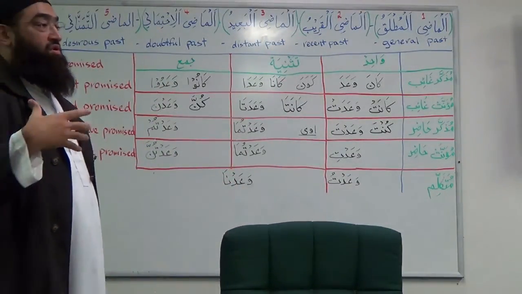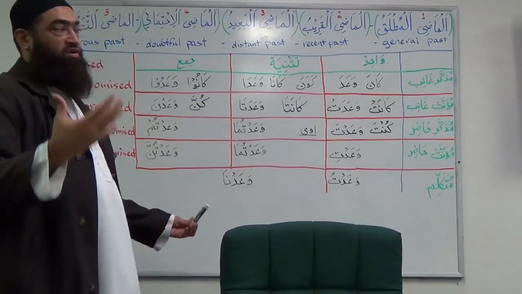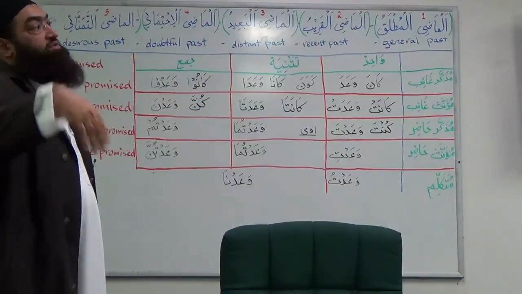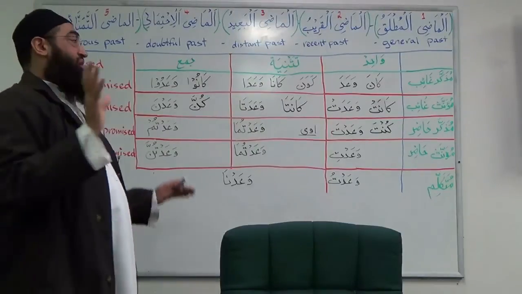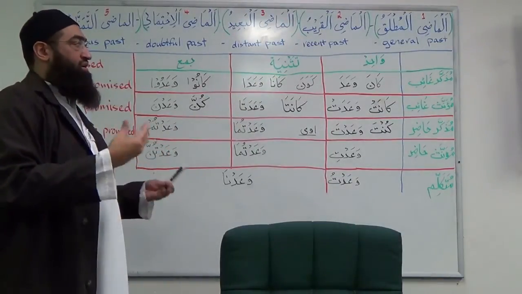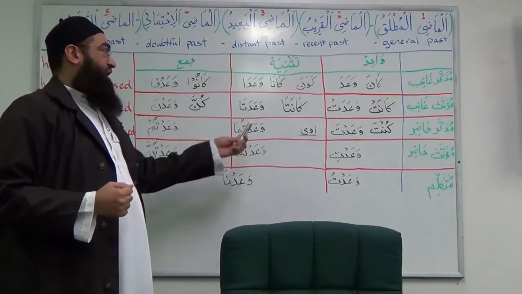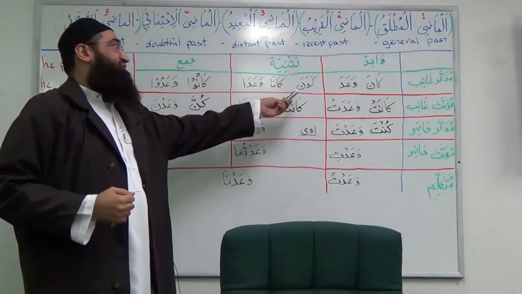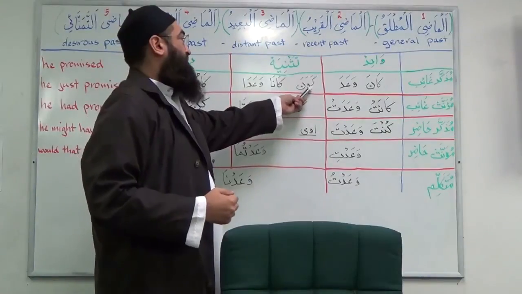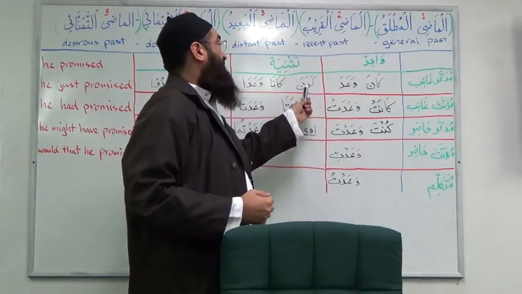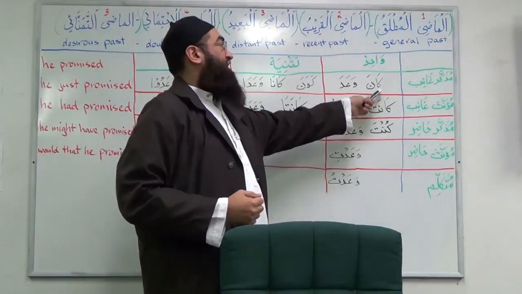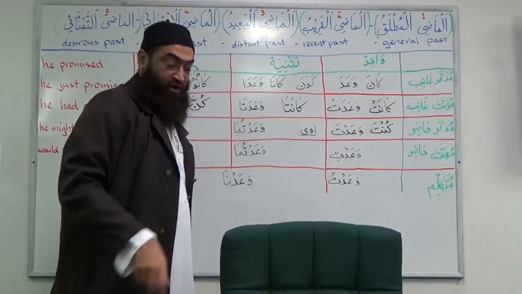Now this rule is way down the line. We're going to teach you this rule maybe in the end of this book or maybe in the next book. But I'm just giving you a little bit of explanation because the brother asked. So this is how it became from kawana to kana. That waw actually changed to an alif, and now it becomes easy to pronounce.